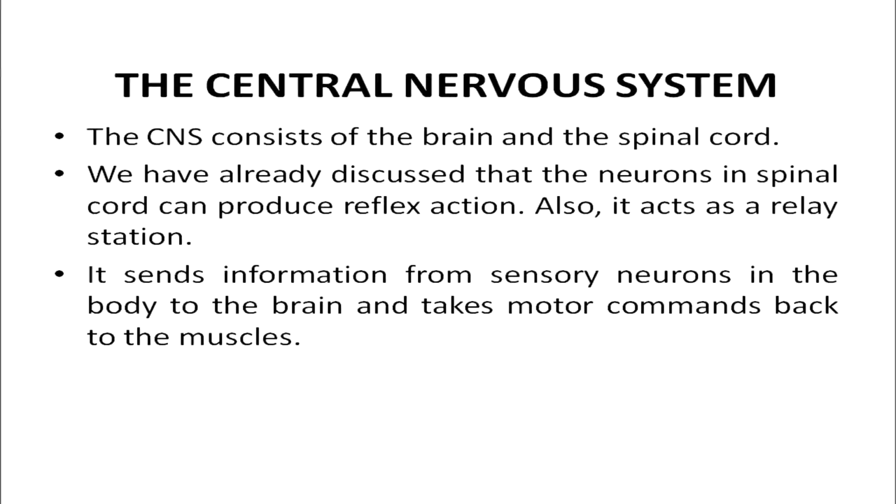Now, what is the central nervous system? We have already discussed in this program earlier in the slides that the central nervous system consists of the brain and spinal cord. The neurons in the spinal cord can produce the reflex action. Also, it acts as a relay station. Relay station means it sends information from sensory neurons in the body to the brain and takes the motor commands back to the muscles.